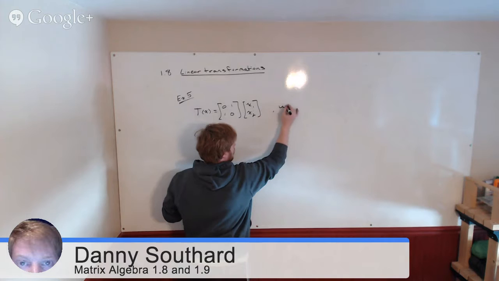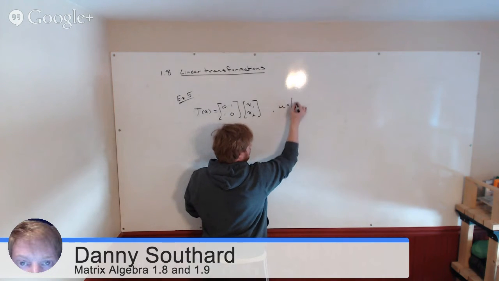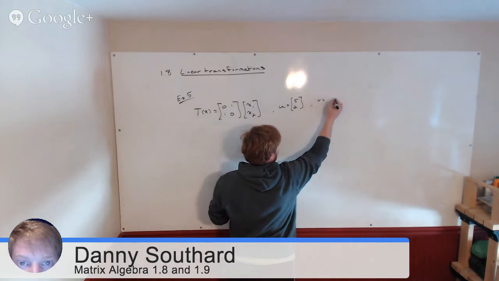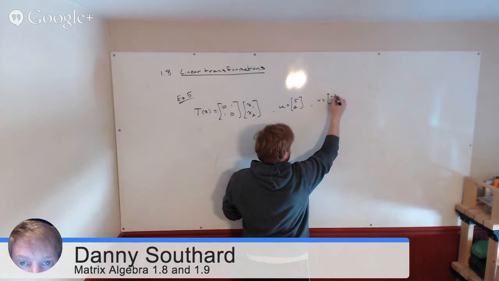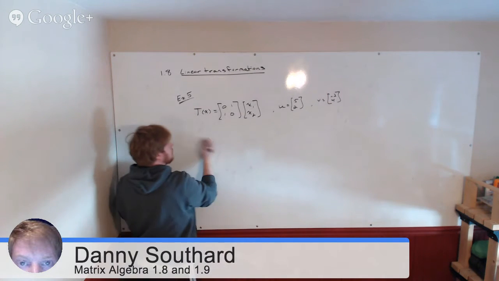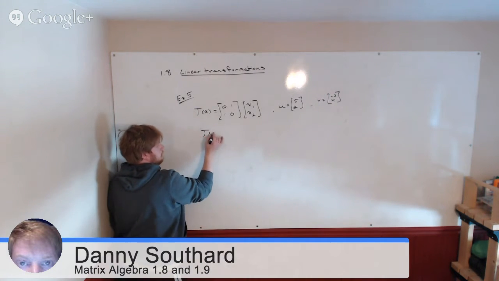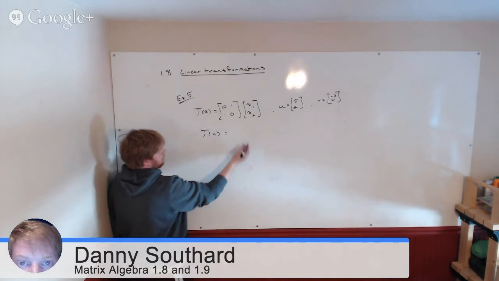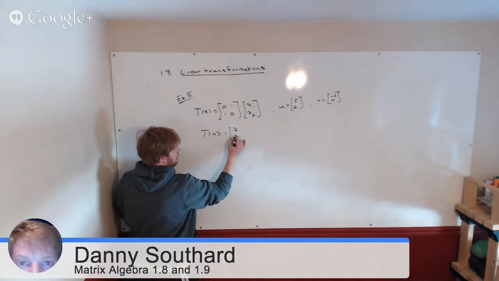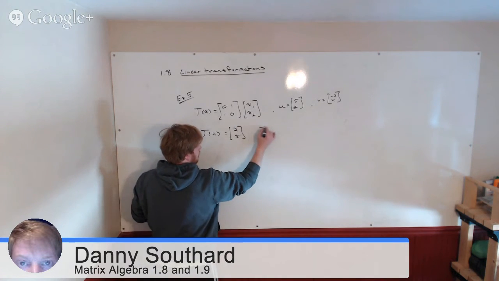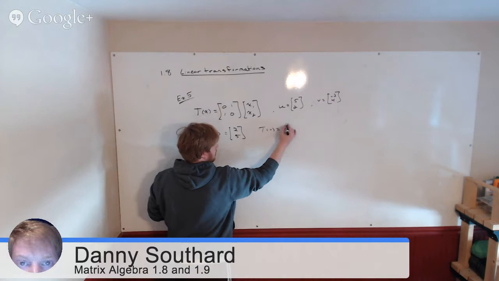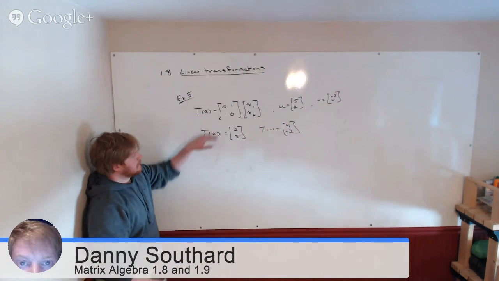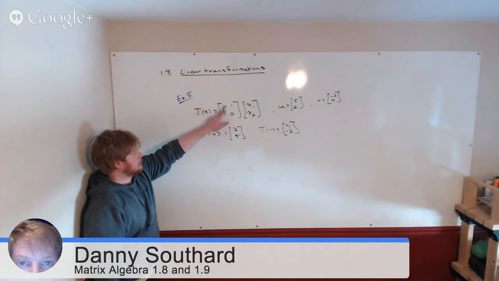Give me a vector U and a vector V, and we'll see what this does. So what does T of U look like? Well, T of U is going to give me (2, 5), and T of V is going to give me (4, -2).